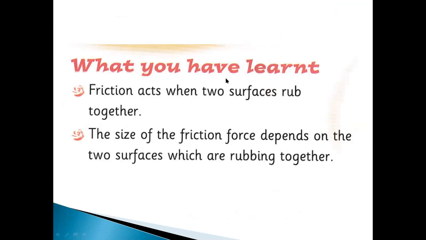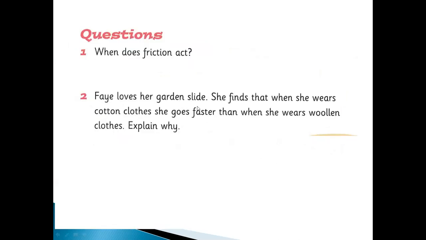Because of friction, we can walk and we can stop our body and different things. If there is more friction, you can stop the thing. If there is less friction, you can fall down, like on ice, where things are slippery. The size of the friction force depends on the two surfaces which are rubbing together.